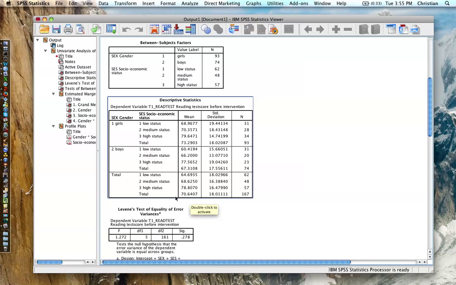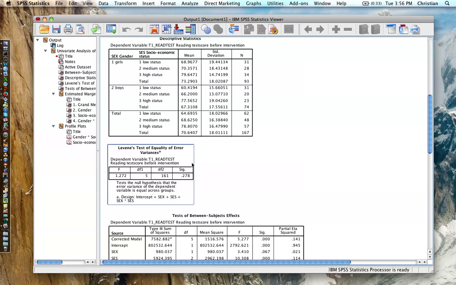And then the overall average over all 3 levels of socioeconomic status and all the boys and girls is 70.64. And then we see here also the total sample size of 167. So you could transform this table into the designs that we've seen in class, where you have the egg carton, which is for example a 2x3 design.